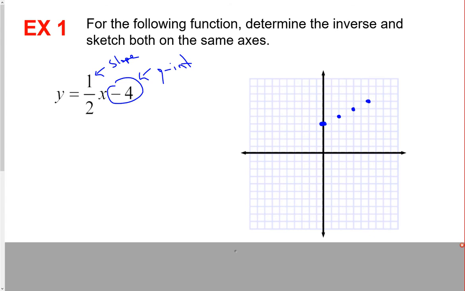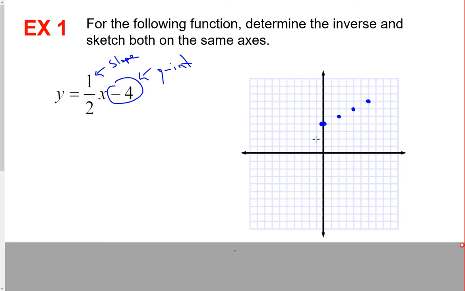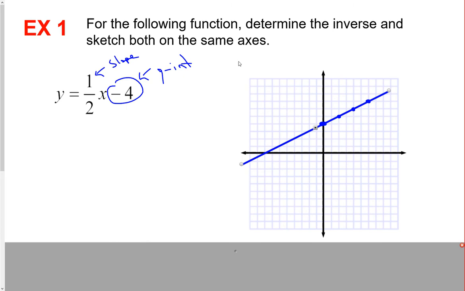So let's put a blue line through there. Oh, it's the wrong color. I'll have to fix that. Let's make it a lovely shade of blue. There we are. Okay, so that's my original one. My inverse should be mirrored in there.